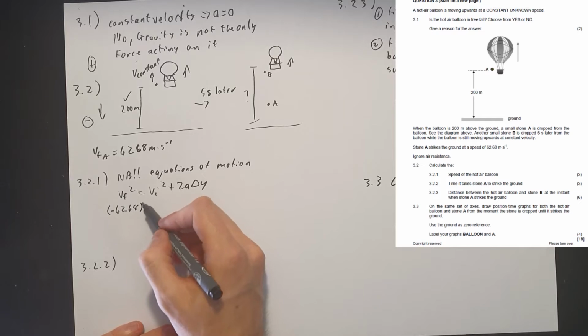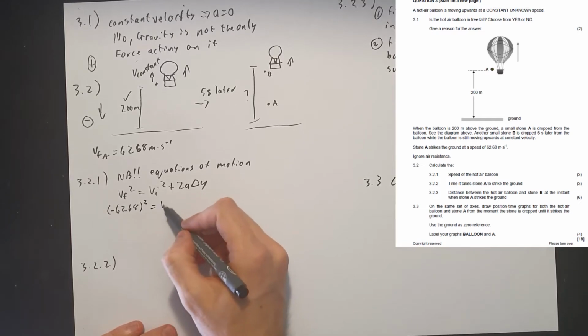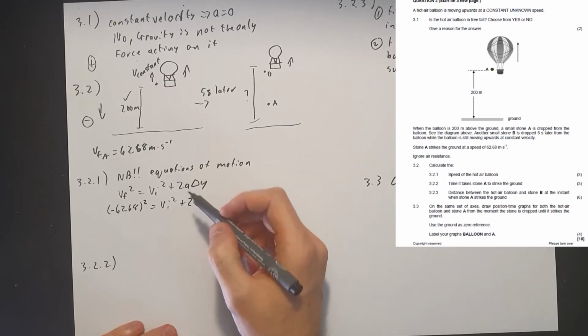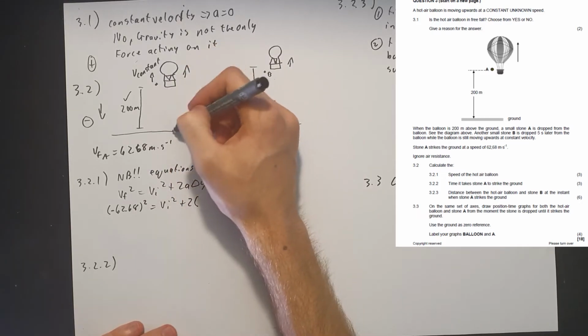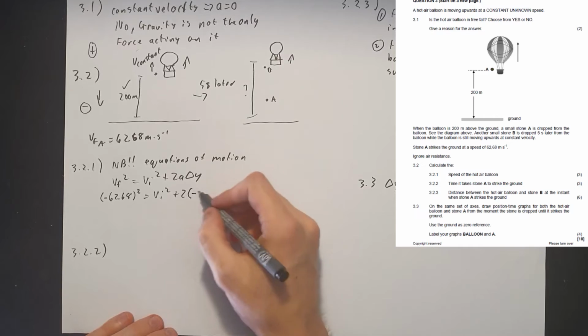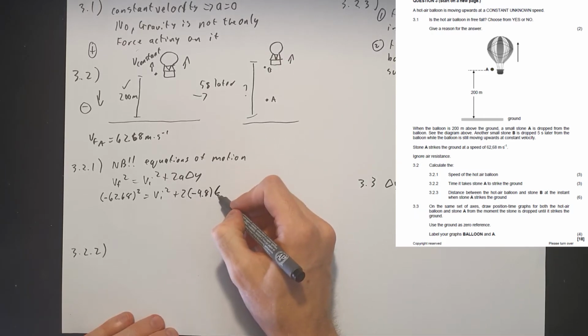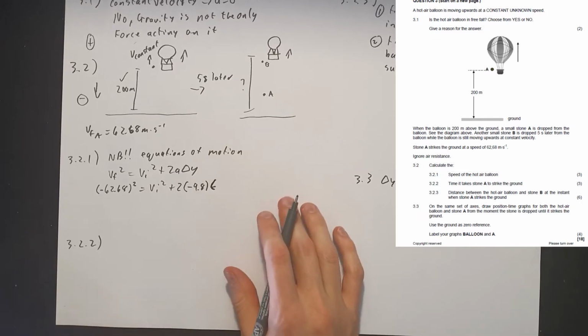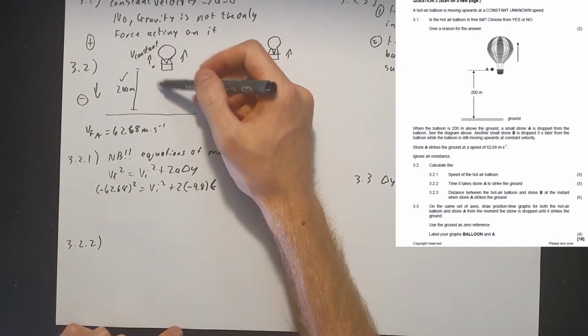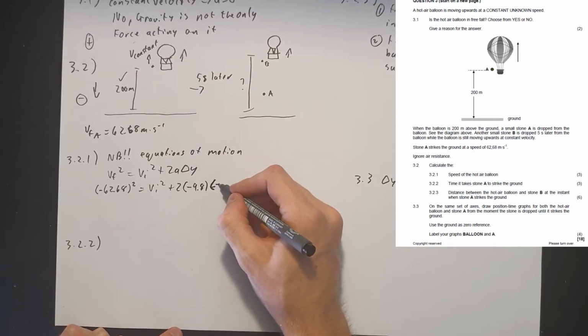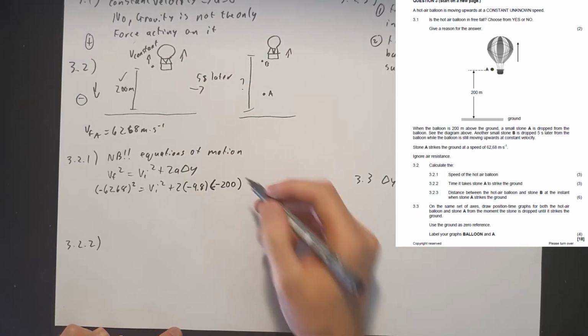Now when I substitute my values in, it becomes negative 62.68 squared equals V initial squared plus 2 times my acceleration, which is down as well because gravity is acting down, so it's minus 9.8, multiplied by my distance. Down is negative, therefore my distance is a negative displacement, so that's minus 200 as well.